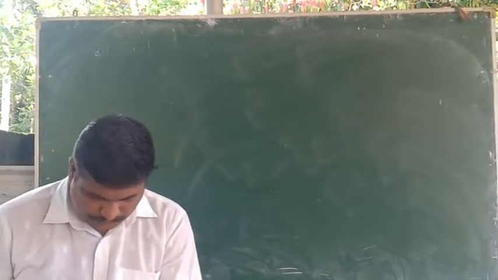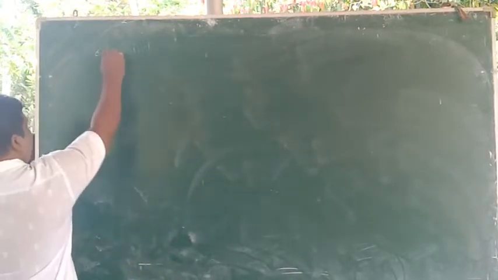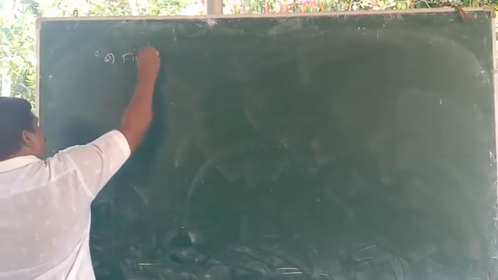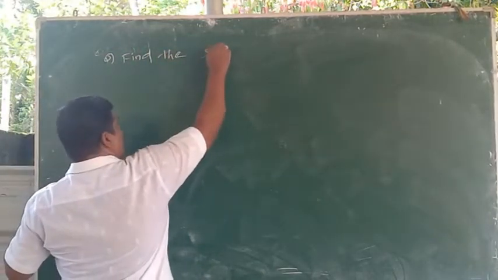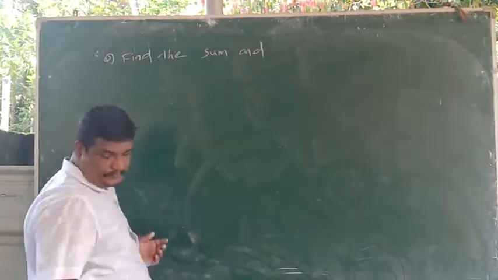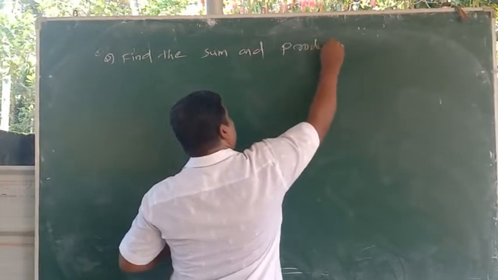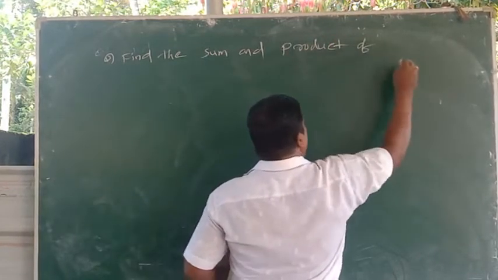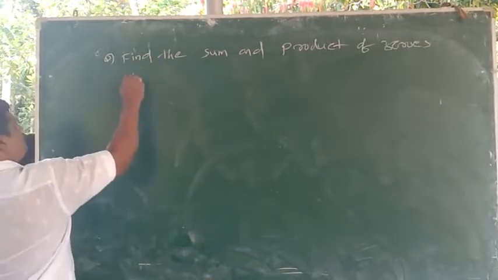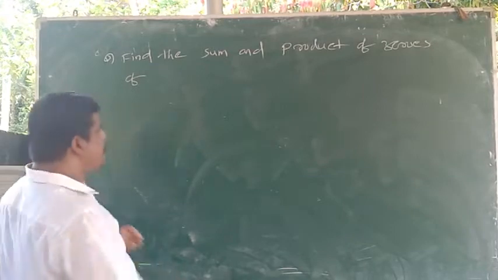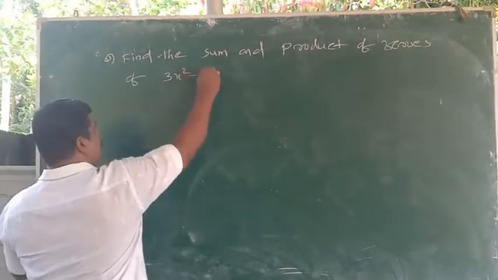Another question. Find the sum and the product of zeros of 3x square minus 5x plus 6.